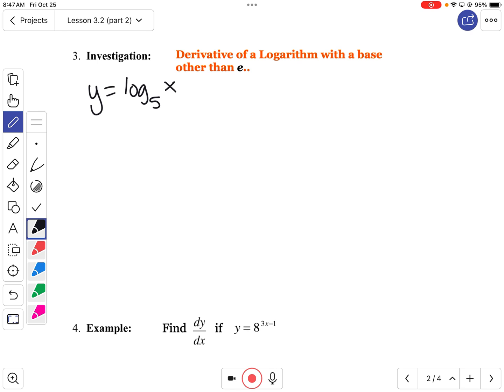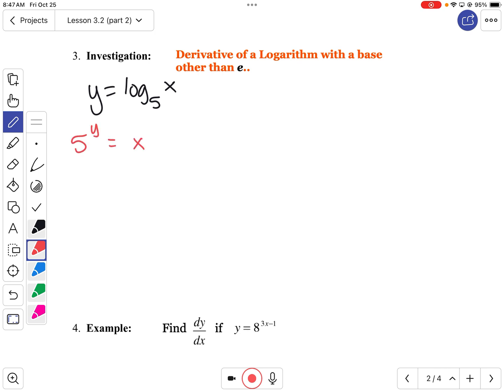All righty. Well, how can I get rid of that log base 5? Algebraically. Yep, put it back into the exponential form. Okay, let's put it back in the exponential form, which would be 5 to the y equals x.